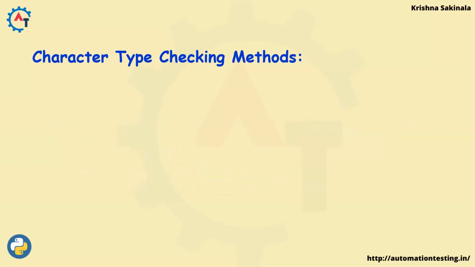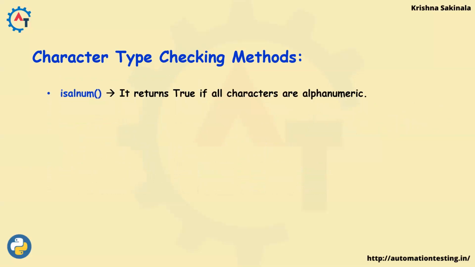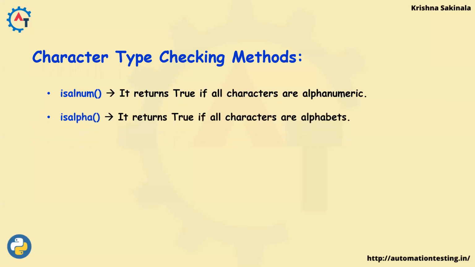Character type checking methods. So isalnum means alphanumeric. It returns true if all characters are alphanumeric. Isalpha means if it is only alphabets, it will return true.